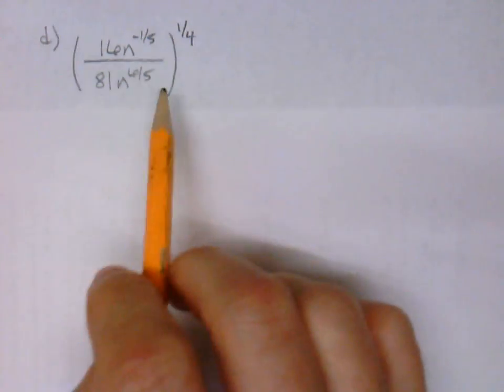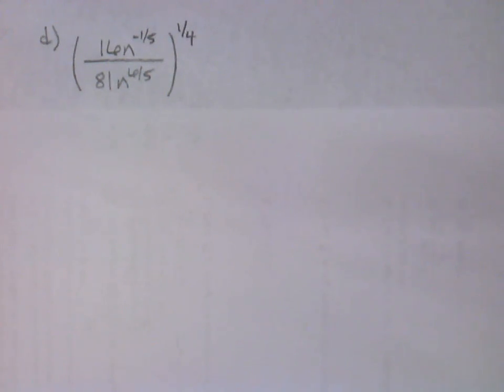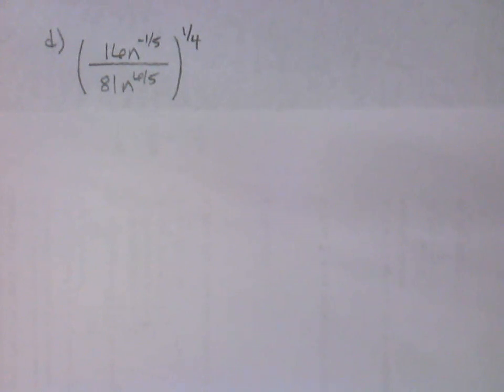Big fraction, big set of parentheses, 16n to the negative 1/5 over 81n to the 6/5, all of that to the 1/4. Again, there's more than one way to go about this. But I'm going to just talk through what seems most natural to me, simplest to me. If you do it a different way and get the same answer, then that's great.